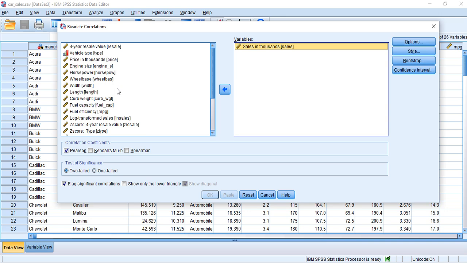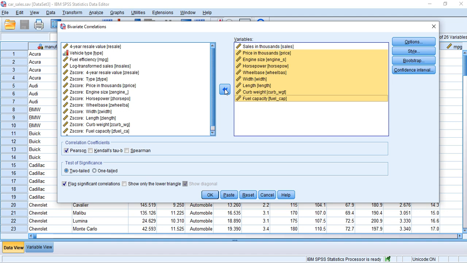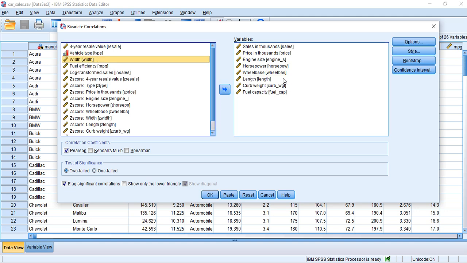We can look at other factors which will determine the sales: the price, the engine size, the horsepower, the curb weight. We could select these, which could influence the sales and prices, and move them over.